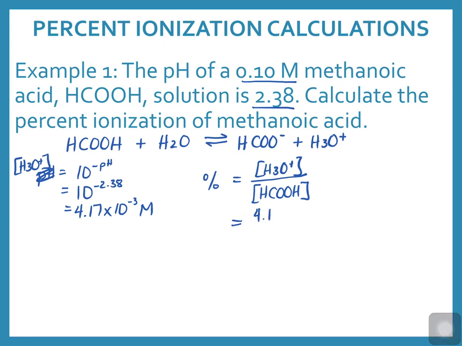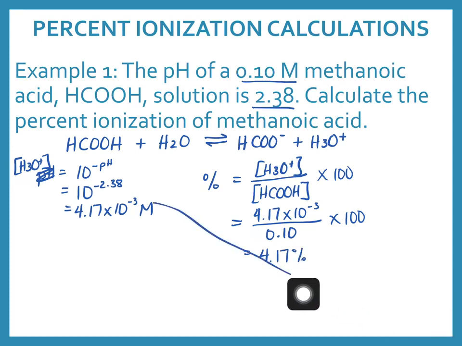So 4.17 times 10 to the negative 3 divided by 0.10, and times by 100 to convert to percent, which gives us 4.17%. So 4.17% of our methanoic acid will dissociate.